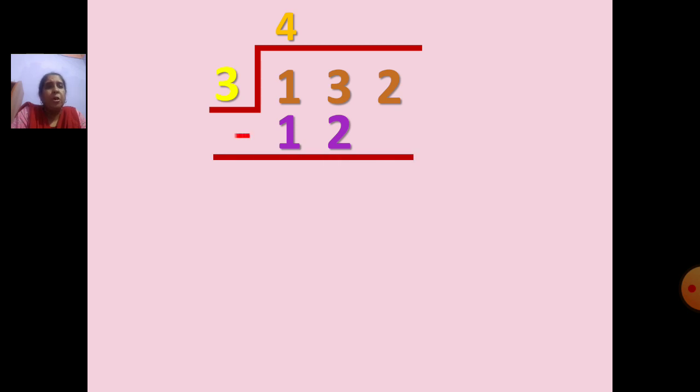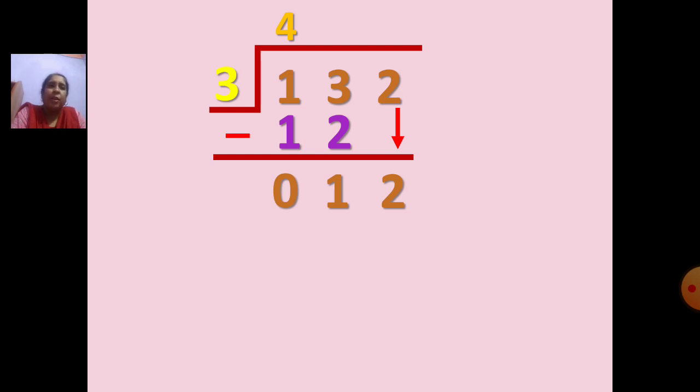Draw the line. Put the sign of minus. Now 3 minus 2 is how much? 1. 1 minus 1, 0. Now, which is the next number? 2. So you have to bring 2 down. Now again, you have to say the table of 3. In the table of 3, when you get 12, 3 fours are 12.